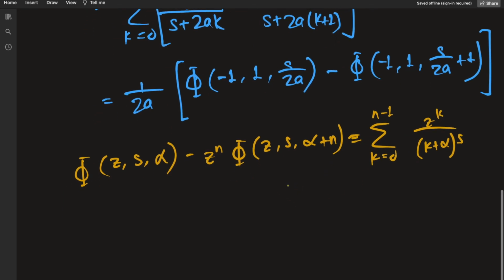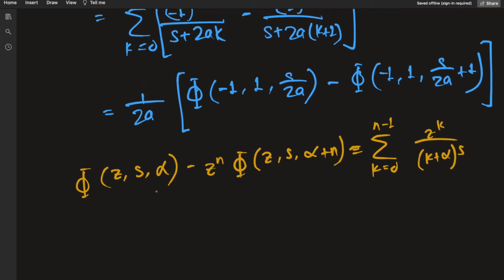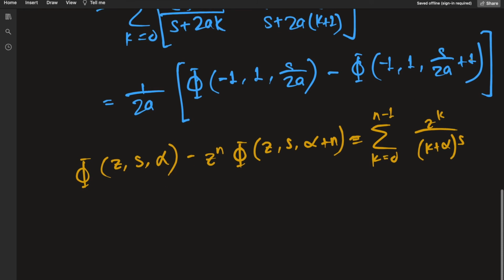So in our case z is negative 1, n is 1 because of this one over here.